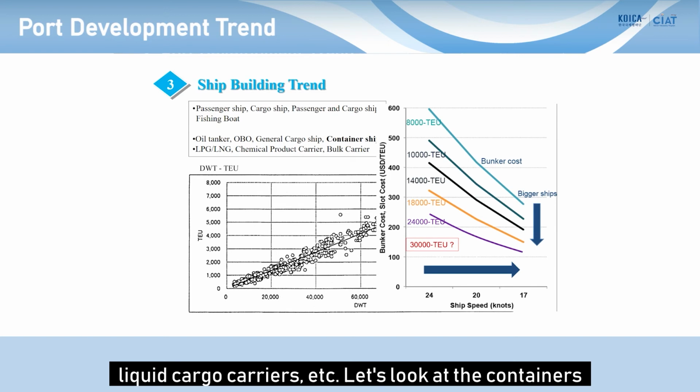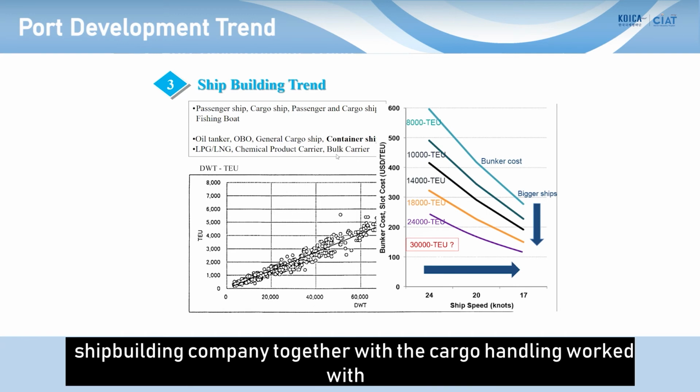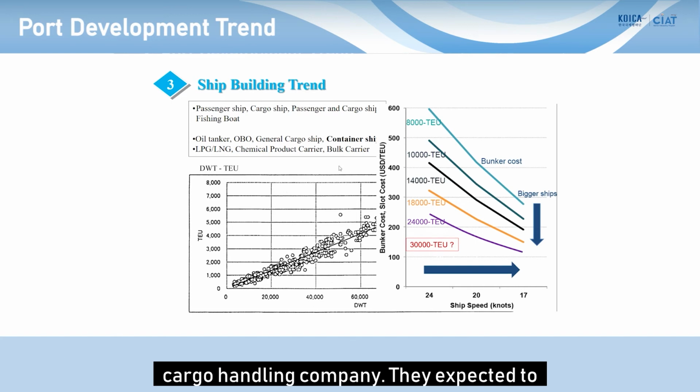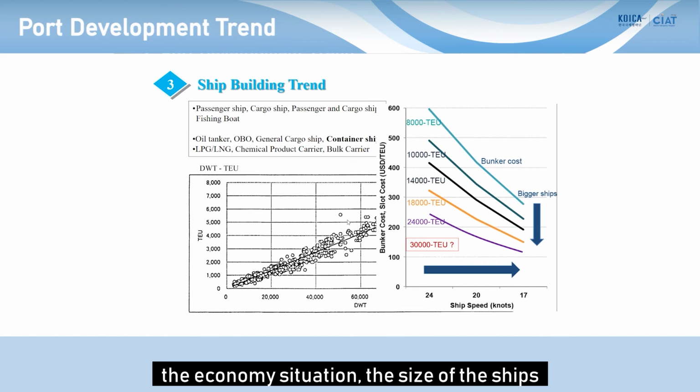Let's look at the container size. A couple of years ago, the shipbuilding companies, together with the cargo handling companies, expected that in order to get a profit from the operation of the ship, given the world economy situation, the size of the ship would be bigger and bigger.